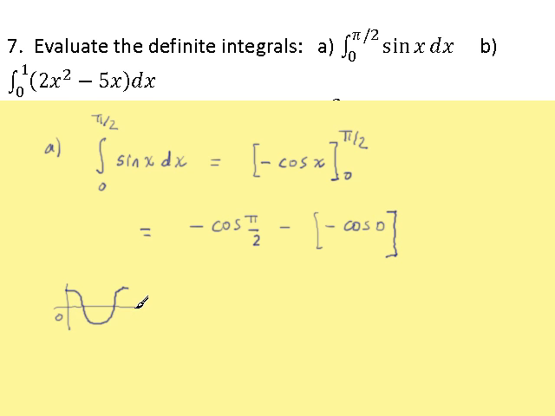Here's cosine between 0 and 2 pi. So that's pi. This is pi over 2. So we see that cosine pi over 2 is 0, and cosine 0 we see is 1. So this whole thing is equal to 1.